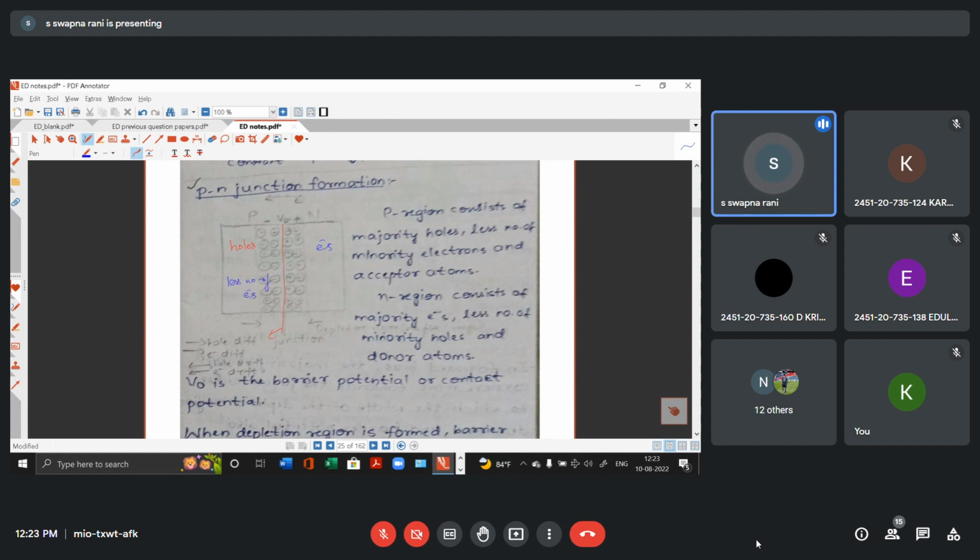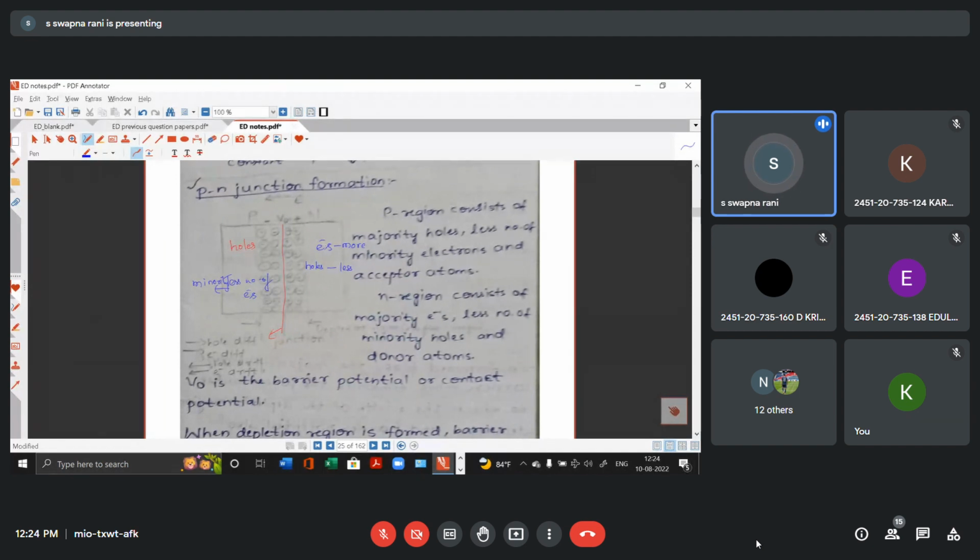Since these electrons are very few, they are called minority charge carriers. Electrons are more in N-type, whereas holes are very few in N-type.